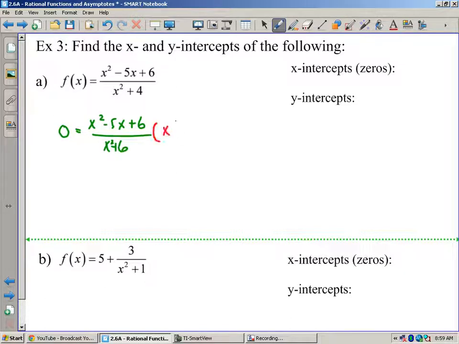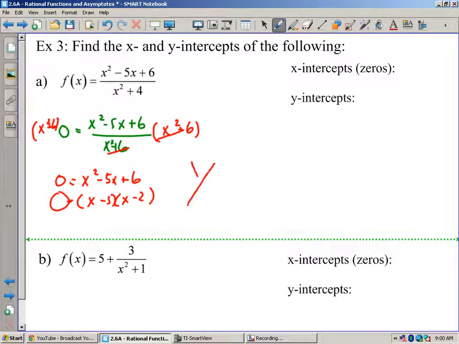That'll get rid of my division. And so the good news is those guys go away, so this is still 0 equals the numerator. And then in order to get my x-intercepts, I'm going to have to factor this. And when I factor it, remember that I am using positive 6, negative 5, and I need to come up with what factors give me that, which would be negative 3, negative 2, and that's how I jump to this.